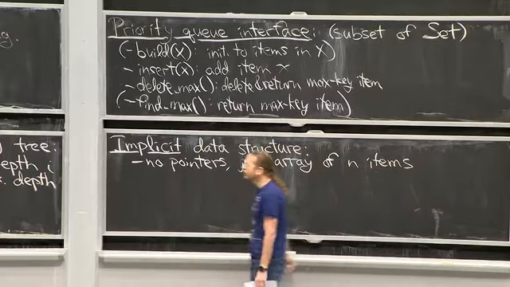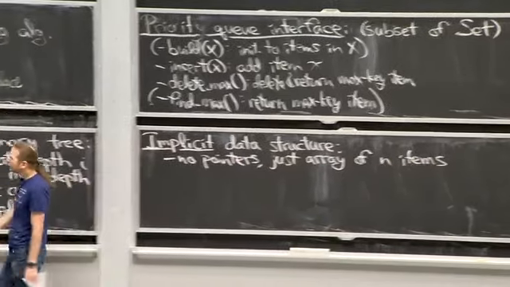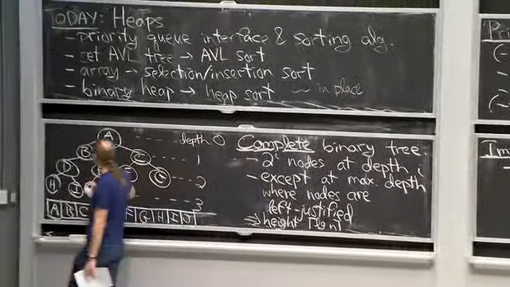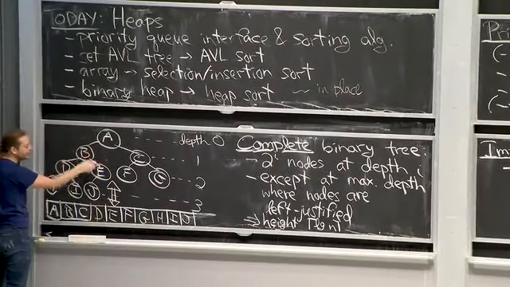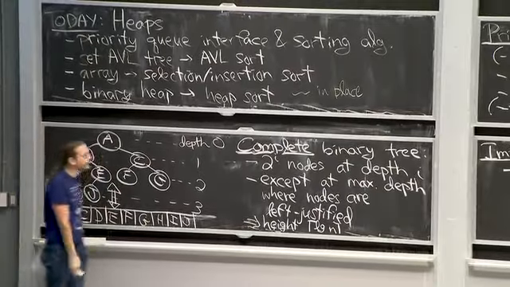How are we going to get away without storing pointers? I'd still like to treat it like a tree. I'd still like to know the left child of B is D and the right child of B is E. We'll see why in a moment.